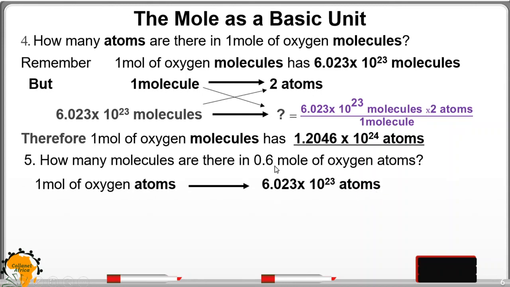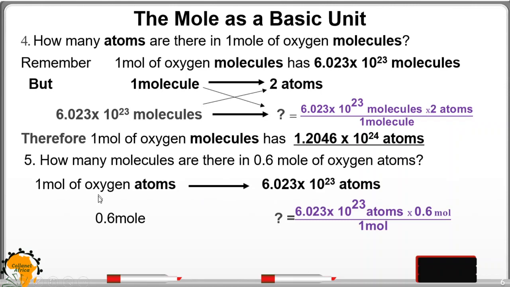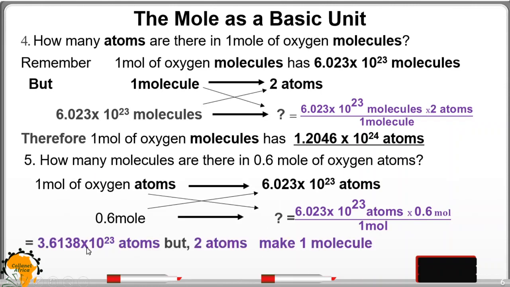Therefore, what about 0.6? We put 0.6 on the mole side, we cross multiply, then we divide to get the number of atoms as 3.6138 times 10 to the power 23 atoms.